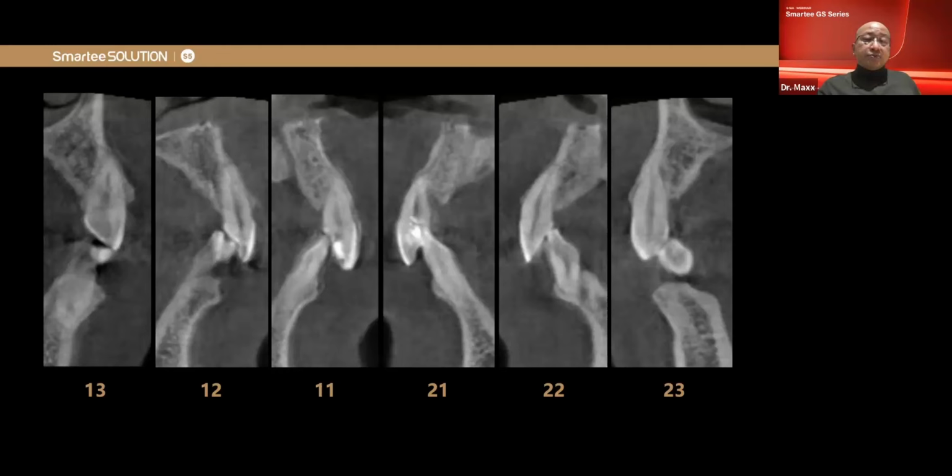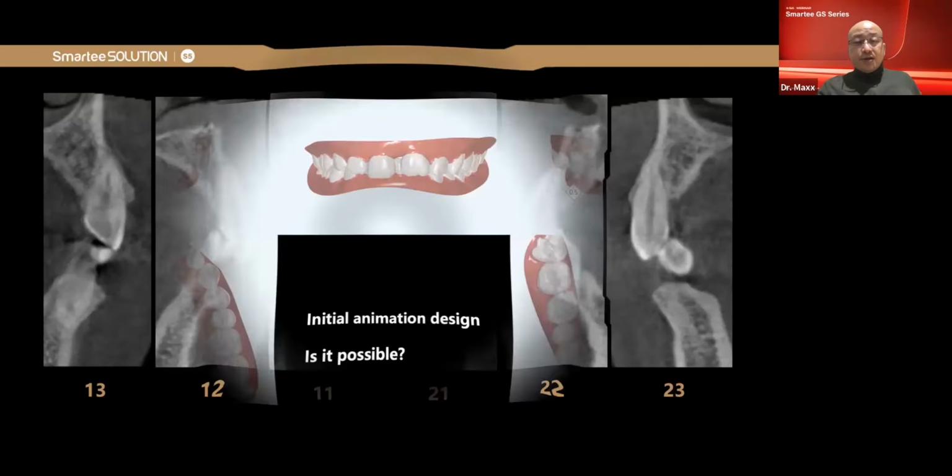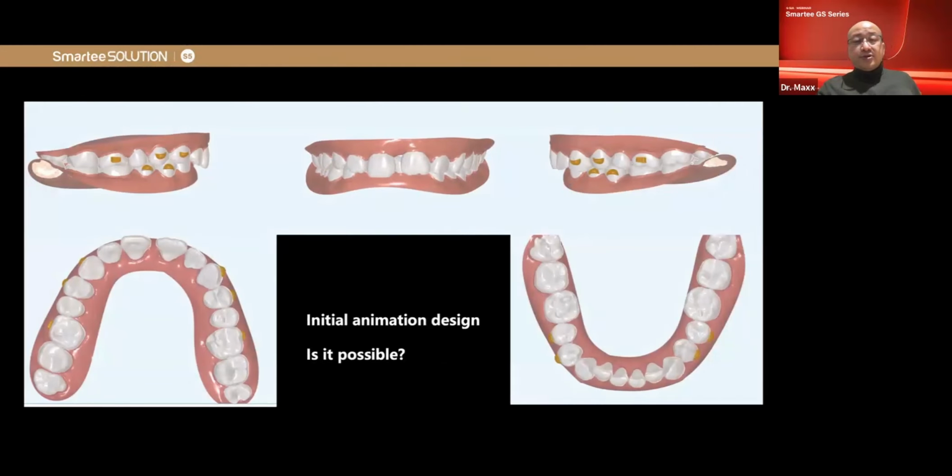So what can I do now? What can I do first? Of course, first of all, we need the root canal treatment of the 21 incisor, because the pulp is not so active. And then we make the aligner design.